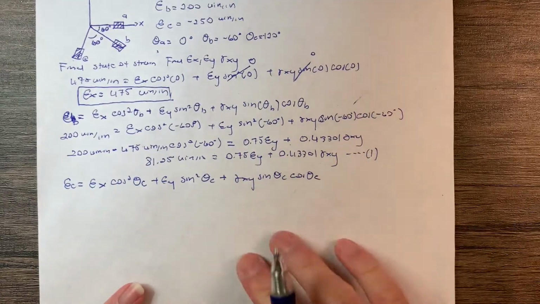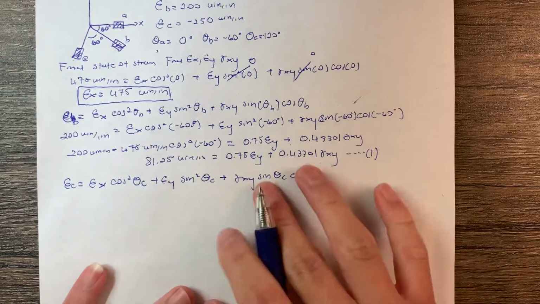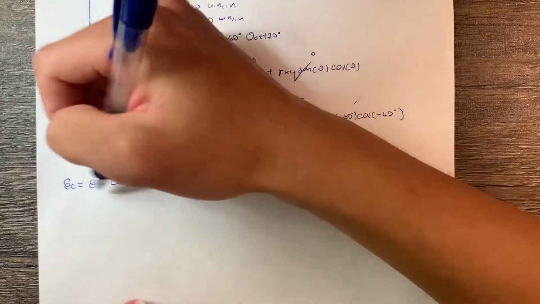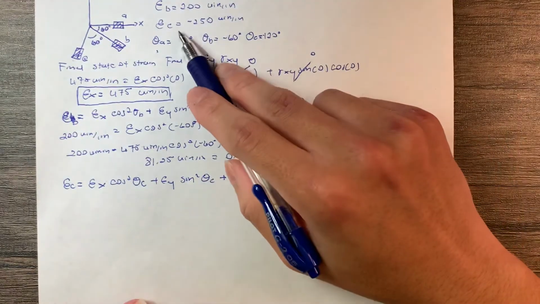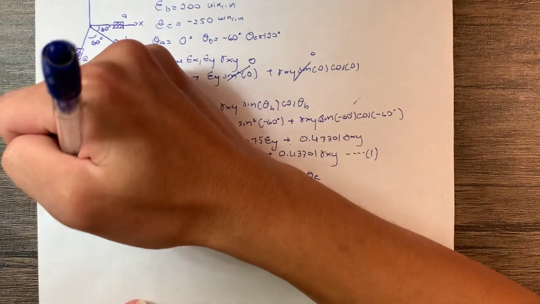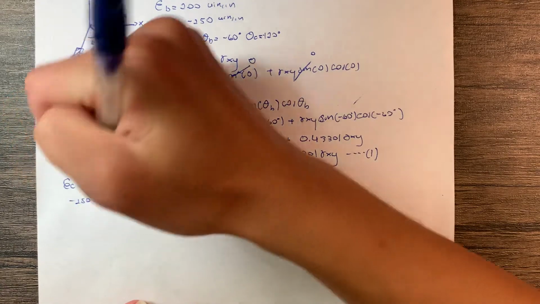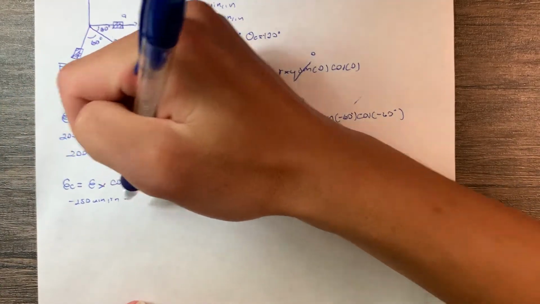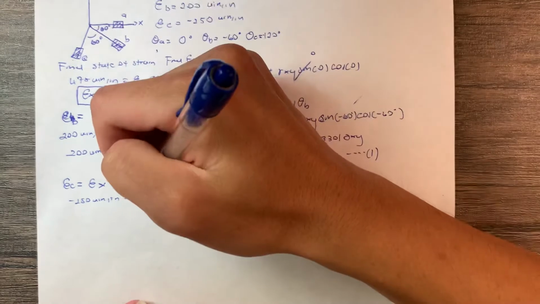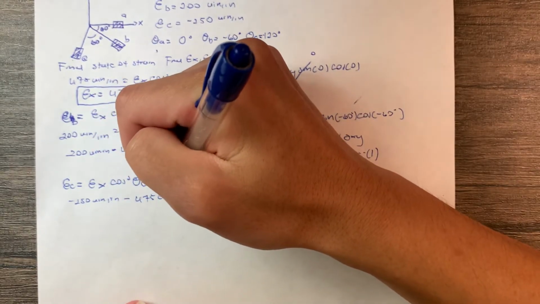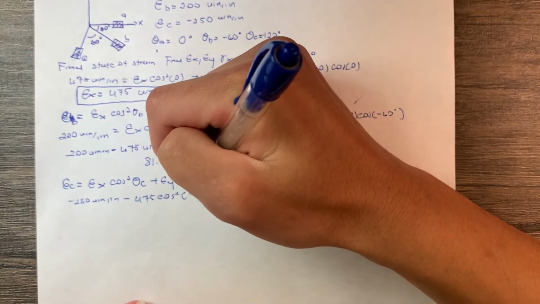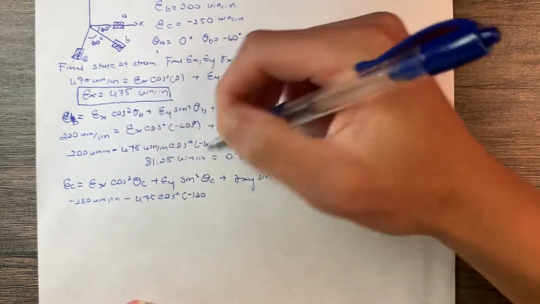So we already know our epsilon x value, so I'm just going to move to the left side like how I did last time, and epsilon C is negative 250 micro inch per inch minus 475 cosine squared of negative 120.